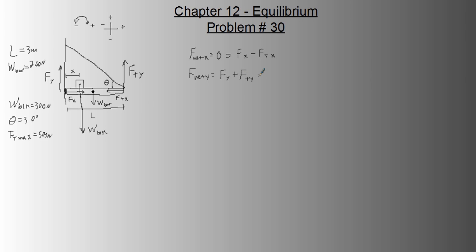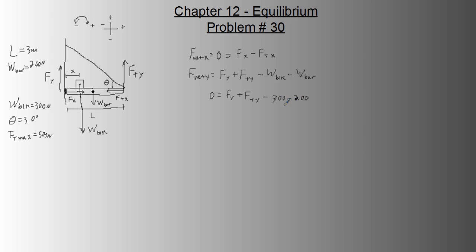Down forces, we got the weight of the block, and also down is the weight of the bar. And we know those, and that equals 0. So 0 equals Fy plus Fty minus 300 minus 200.